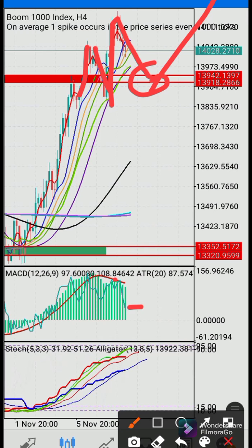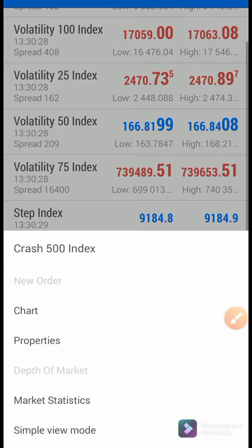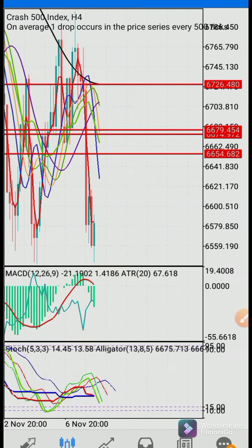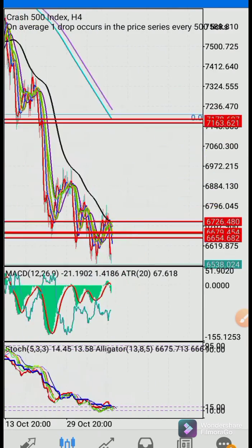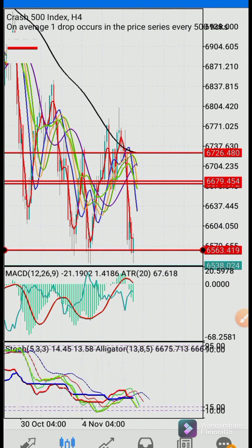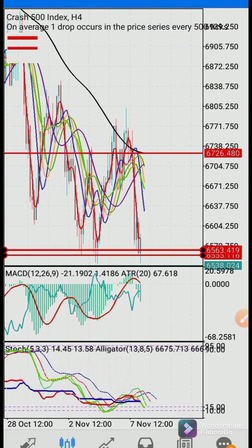So let's dive in. This is for Boom 500. Let's check Crash 500, please. Crash 500, you can see it's almost similar to Crash 1000.